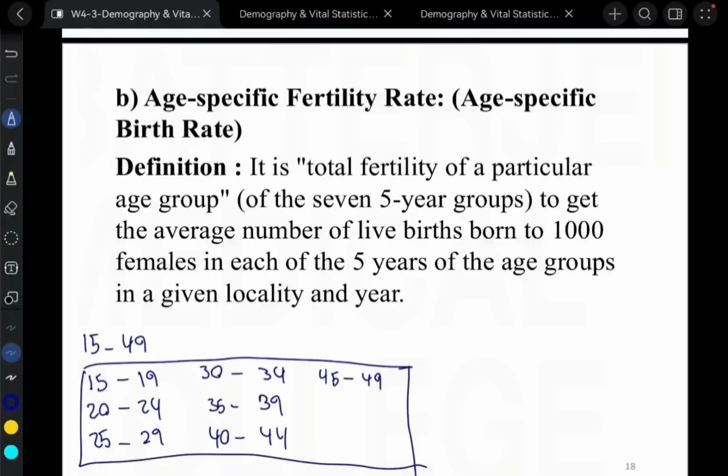So if we read it again, it is the total fertility of a particular age group to get the average number of live births born to 1,000 females in each of the 5 years of the age groups in a given locality.